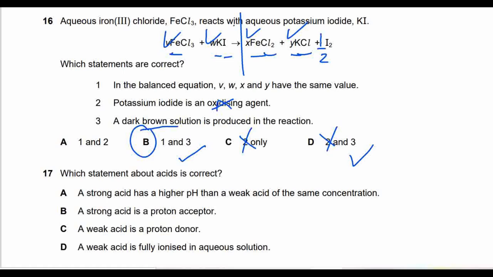And when we multiply the whole equation by 2, we will have the coefficients all become 2. So 2, 2, 2, 2. So it's correct, same value. So 16 is B. Let's move on to question 17.